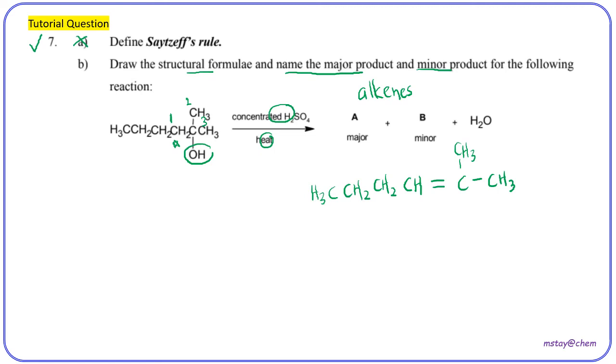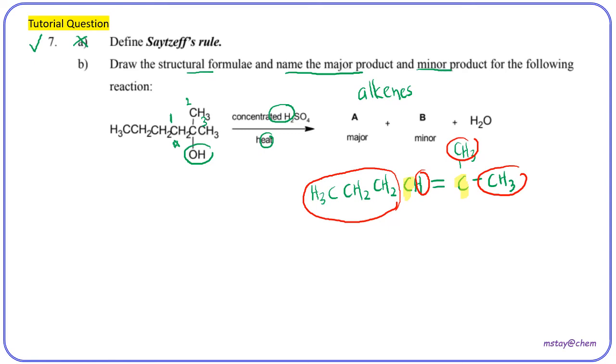So based on this structure, the alkyl groups are here. Okay, we highlight the carbon. So this is the carbon-carbon double bond. So one alkyl group, 2 alkyl groups, and 3 alkyl groups. Okay, we have 4 groups, and the maximum would be 4 alkyl groups, but among these 4, we only have 3 alkyl groups.